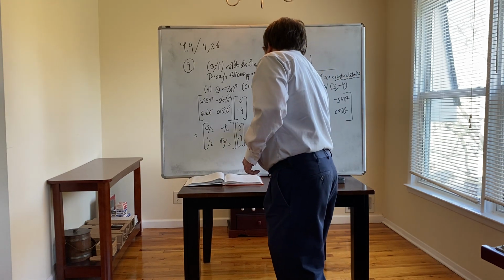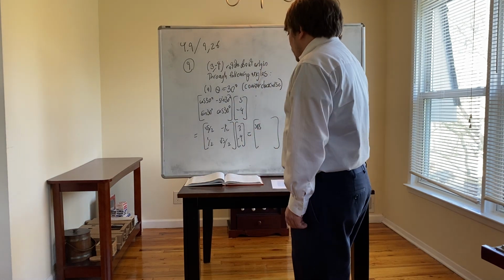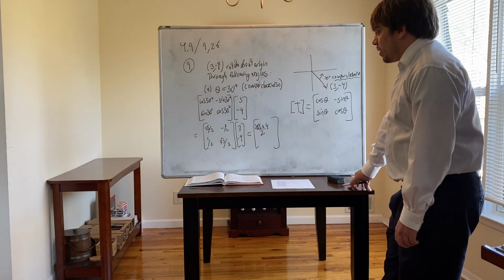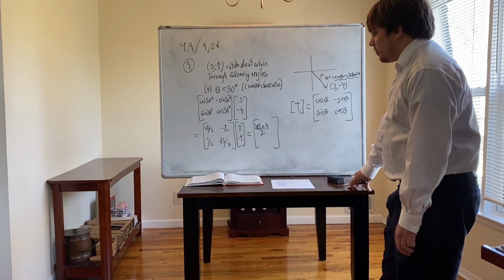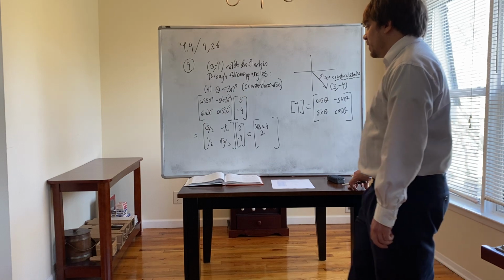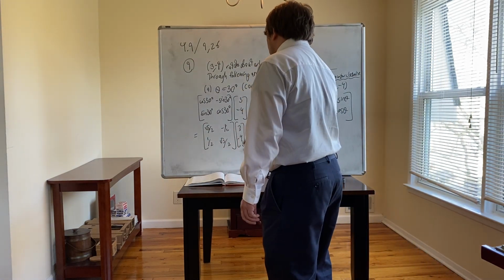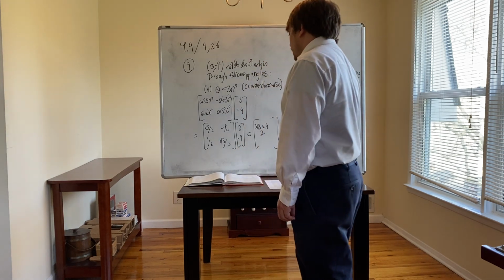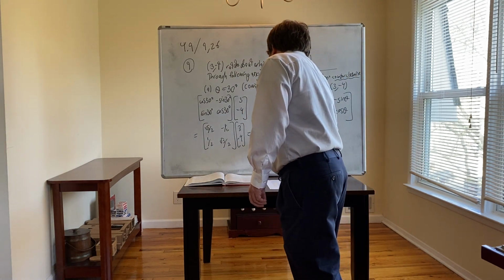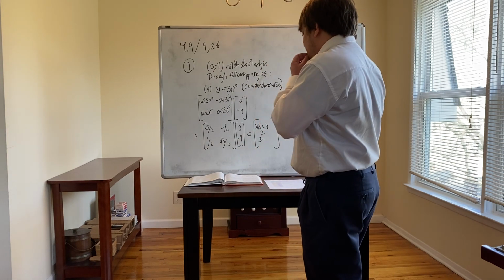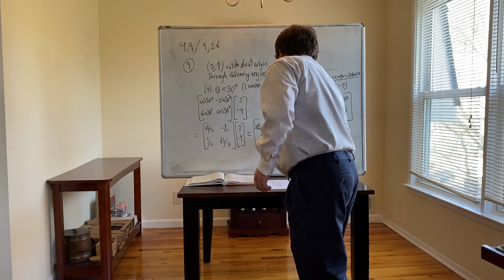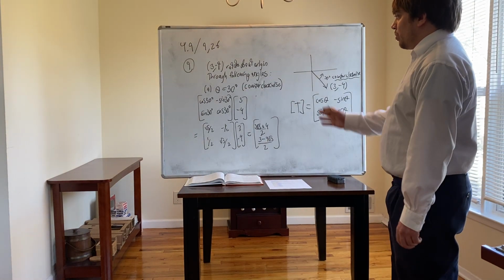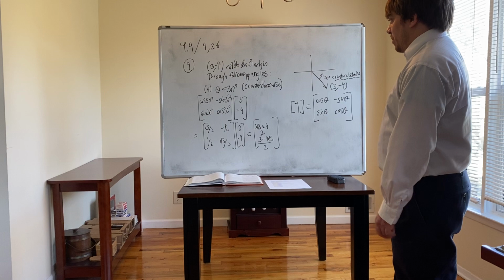So that's 3 root 3 plus 4 over 2, when you combine them. And then here you get 3/2 minus 2 root 3, or it's 3 minus 4 root 3 all over 2. Okay, and so that's your resulting vector when you rotate through the angle 30 degrees.